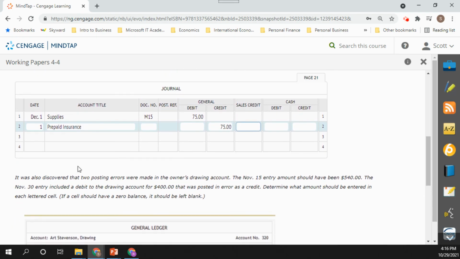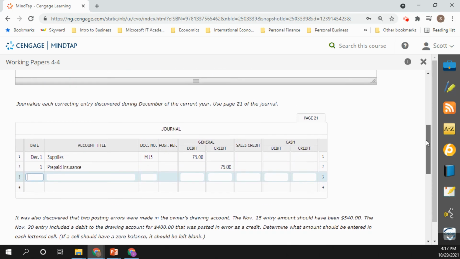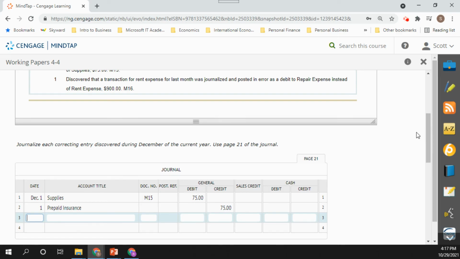Let's go down here. Next entry. Discover that a transaction for rent expense for last month was journalized and posted in error as a debit to repair expense instead of rent expense. Okay, on the first, should have gone to rent expense, memo 16, debit of $900. Should have been credited.